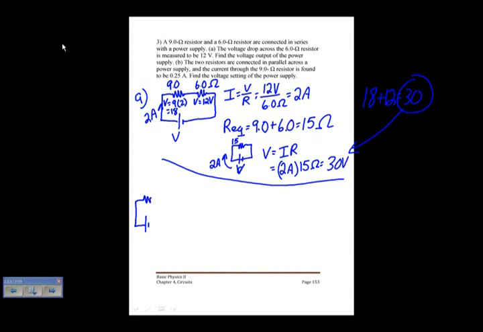We have two resistors in parallel. We want to know, again, what is this potential across the battery? Presumably it's a new battery. We have a 6 ohm and a 9 ohm resistor, and I'm told that the current through this resistor is 0.25 amps.